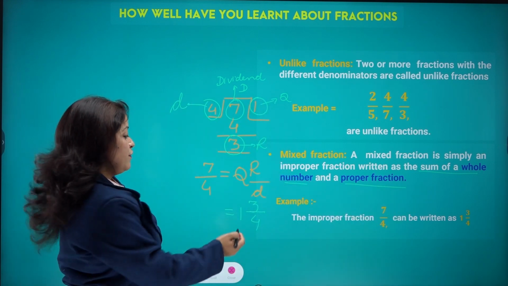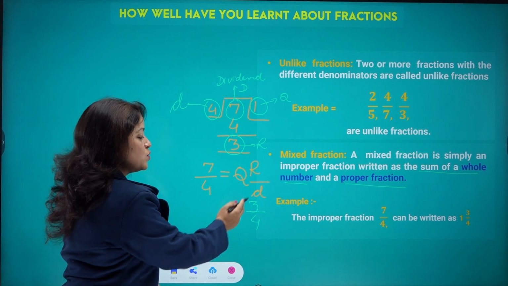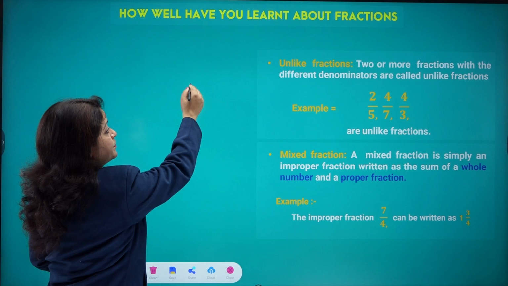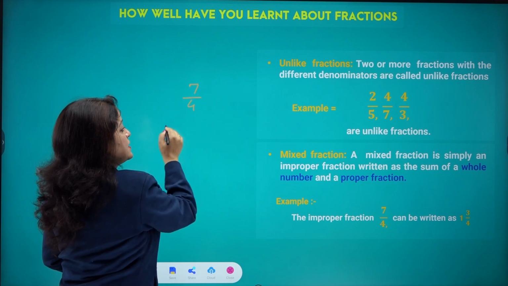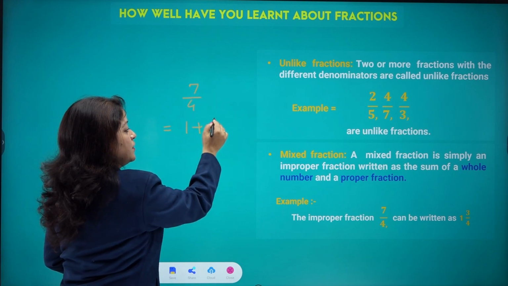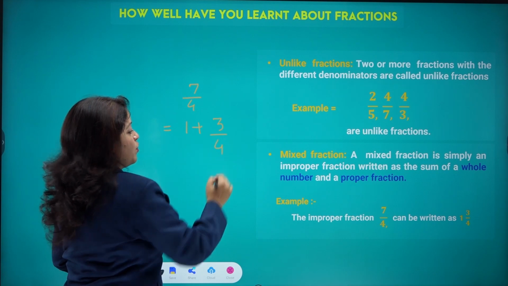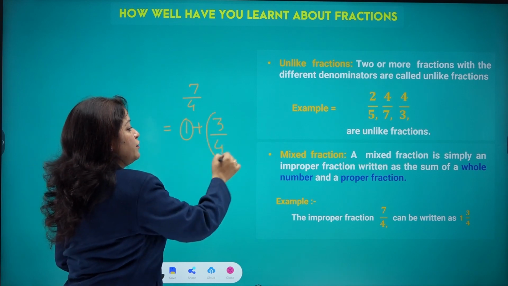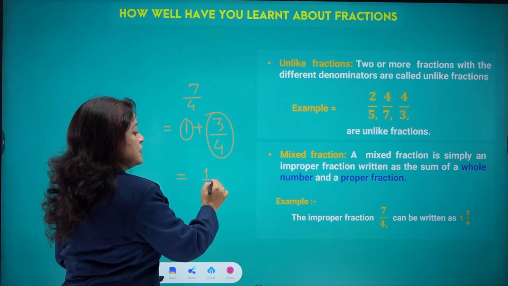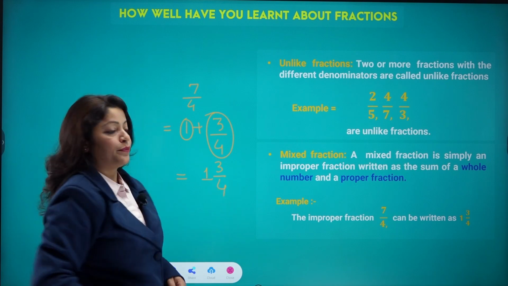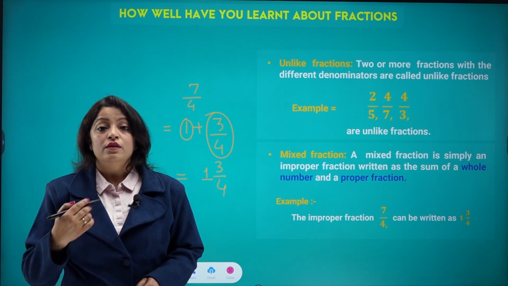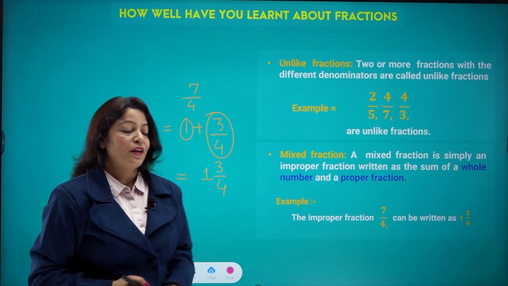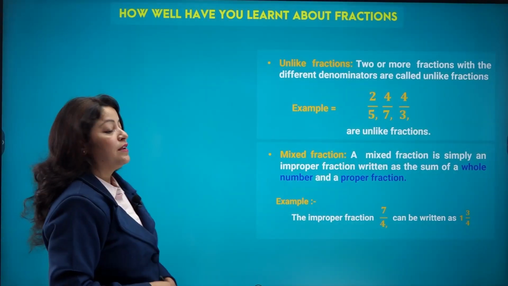Just see here, if I have written 7 over 4 as one whole 3 over 4, then I can also write 7 over 4 as 1 plus 3 over 4. It is just the same. If I am adding any whole number and a fraction, I can write it as a mixed number, right? And the thorough part of it we'll deal with in our next segments. So let us move on to the next segment.